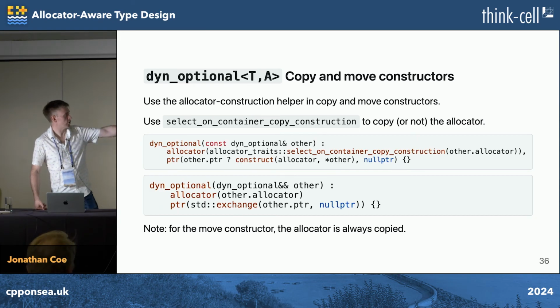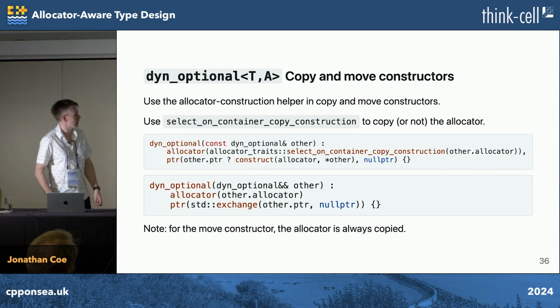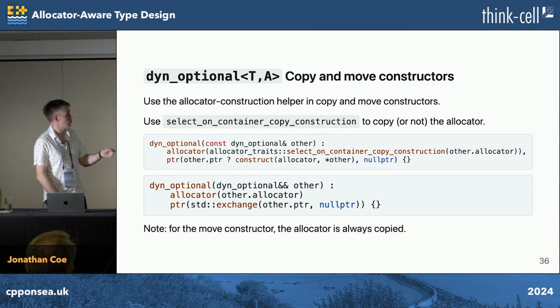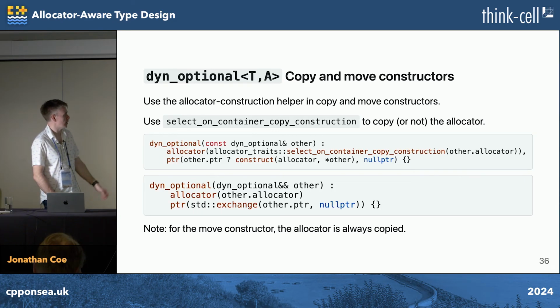And the select on container copy construction, which takes the allocator as an argument, is in all likelihood either going to create a new default constructed allocator, or copy the previous allocator. I don't know what other options would really be available. For move construction, the allocator always gets copied, and then the pointers are just exchanged as we saw before. So that one's not really much changed, other than we do something with the allocator.